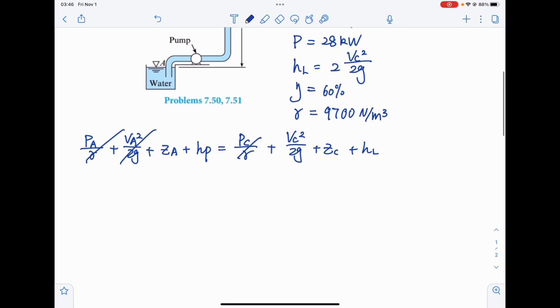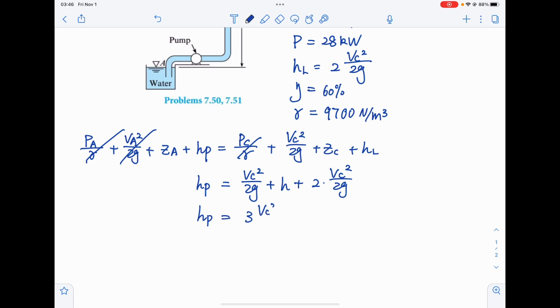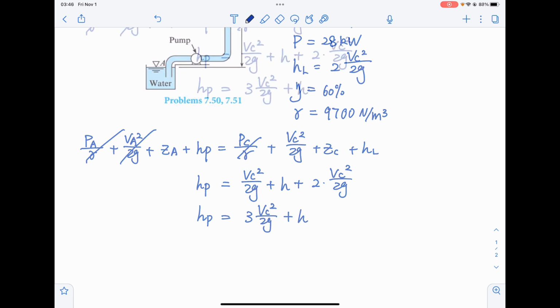Okay, so the equation can be simplified: Hp equals VC squared over 2G plus H plus 2 times the VC squared over 2G. So the head of pump equals 3 VC squared over 2G plus the height.